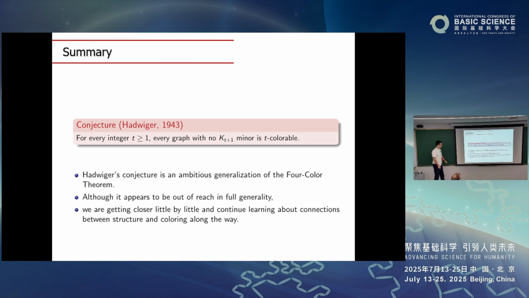I feel like we are learning more about graph structure, more about graph coloring by pursuing this. So again, let me reiterate, I feel like this is a good compass, a good pointer of the direction in which one can go to do research in this area.